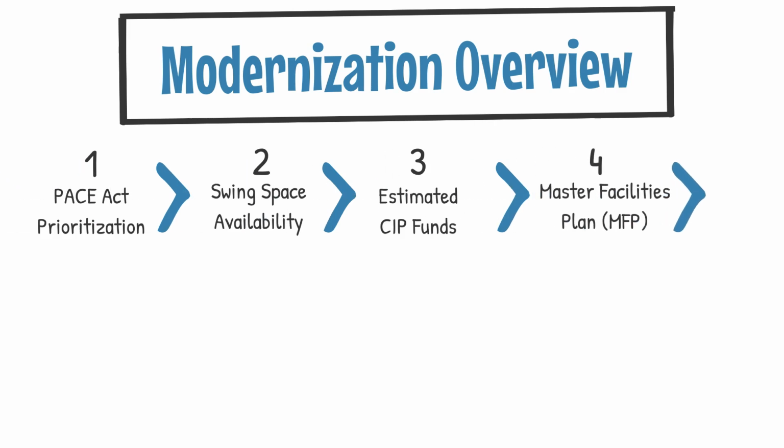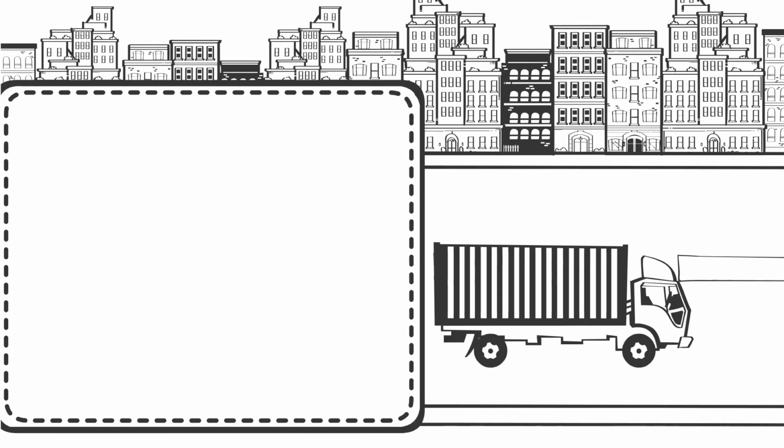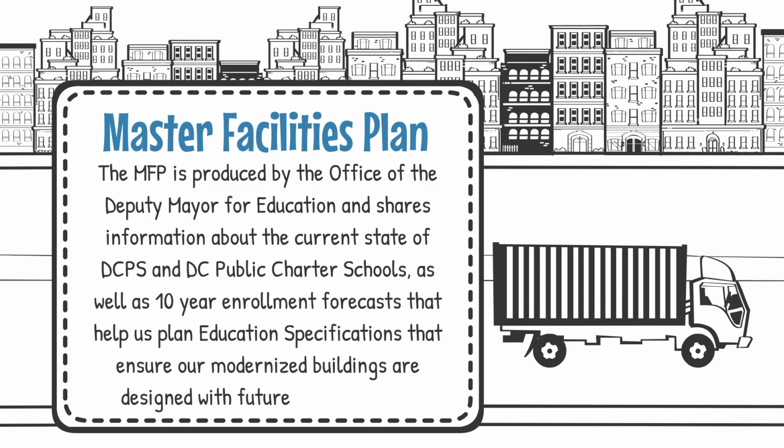DCPS also uses the Master Facilities Plan, or MFP, to help inform decisions around space needs at each school. The MFP is produced by the Office of the Deputy Mayor for Education and shares information about the current state of DCPS and DC public charter schools, as well as 10-year enrollment forecasts that help us plan ed specs, or education specifications, that ensure our modernized buildings are designed with future needs in mind.